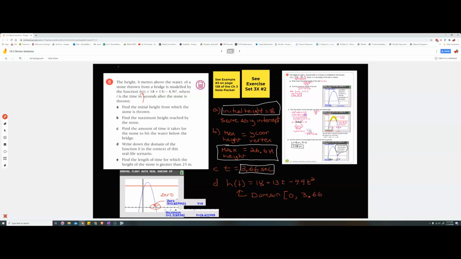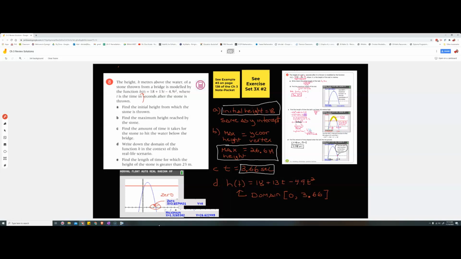So you'll never have an x coordinate larger than that, because then it would be below the ground, which wouldn't make any sense. Or I guess in this case it's not below the ground, it's actually below the water. So it could go below the water, but since it's asking us when does it hit the water, we're considering that to be the end of the problem.